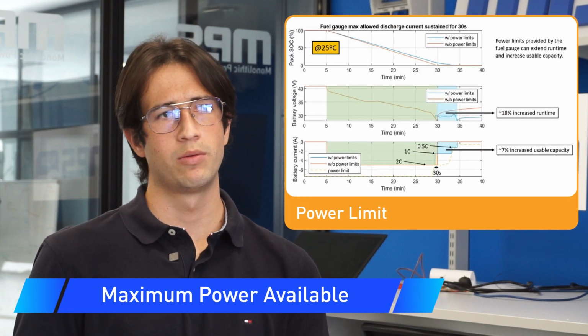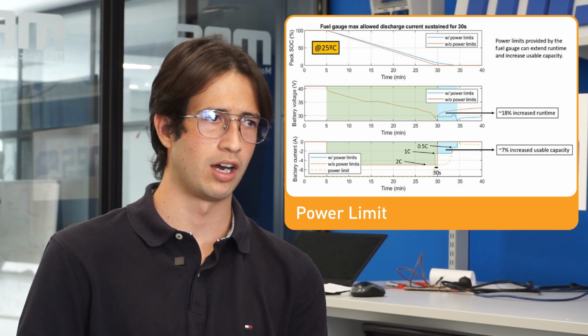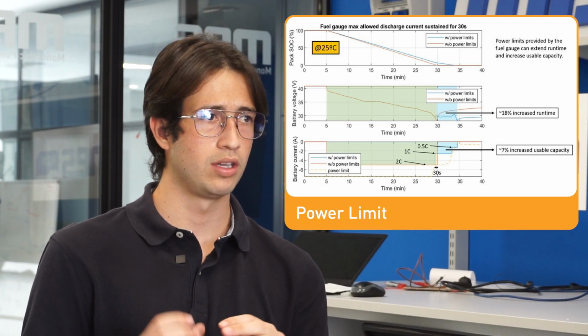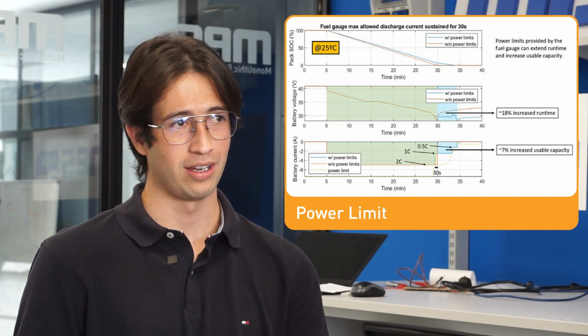But for example, it also delivers the maximum power available. This maximum power available is really useful for customers because they can limit their application using this available power, because what you don't want is to run out of battery in every situation.